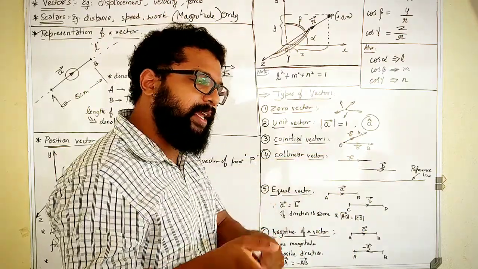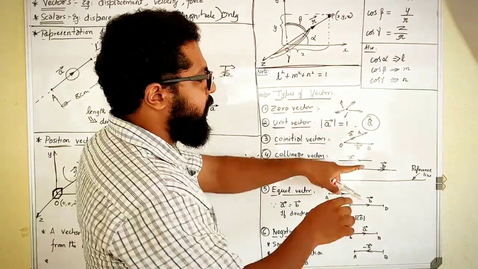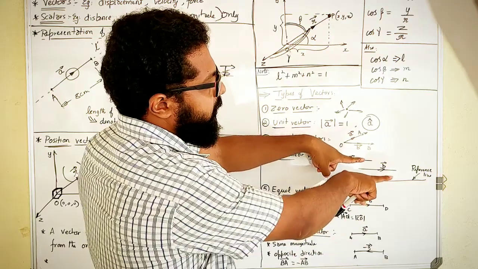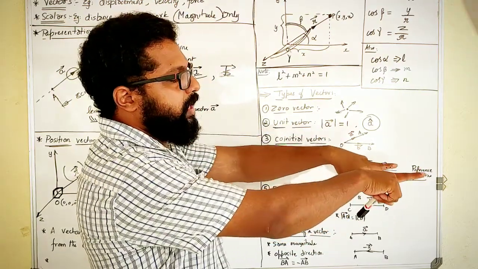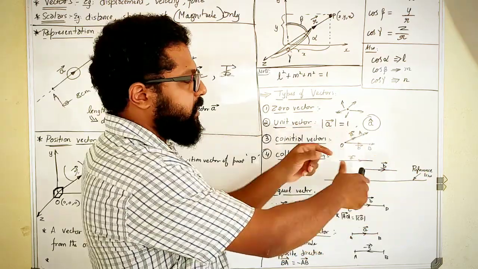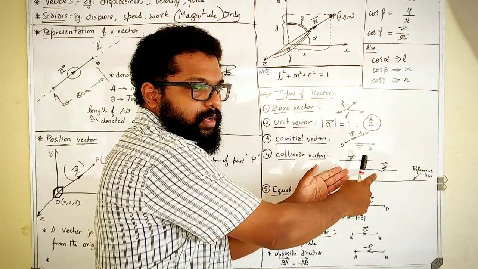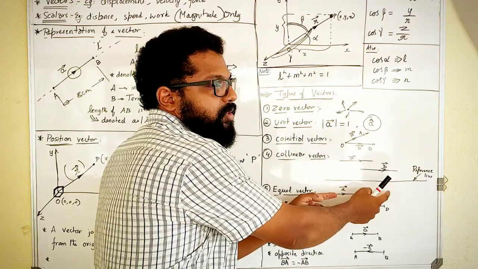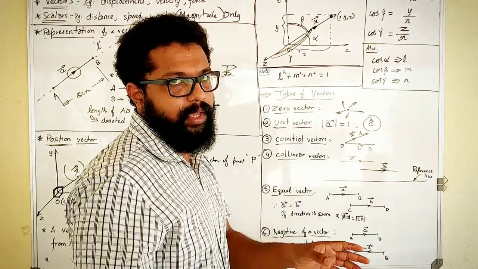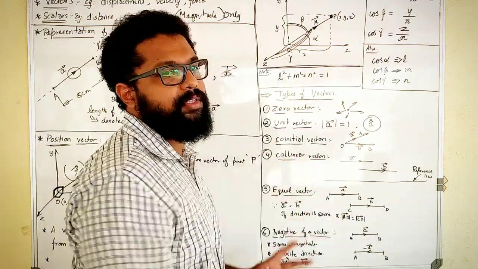It can be, but it need not be. If A vector is here and B vector is outside the board somewhere, they may or may not be parallel to each other, but both are parallel to the same reference line. Such types of vectors are called collinear vectors.